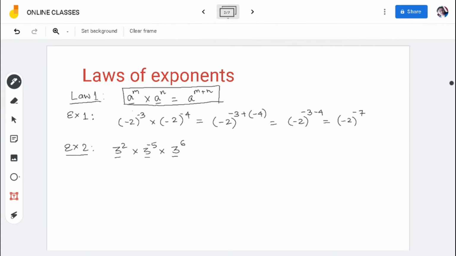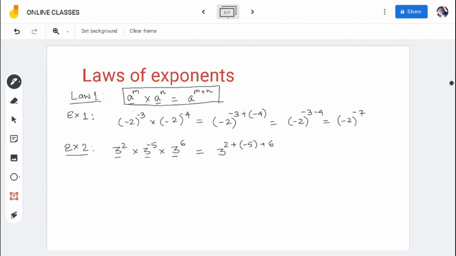So in this case also the bases will be same. It will be 3 as it is, but their powers will be added. So it can be written as 2 plus minus 5 plus 6.